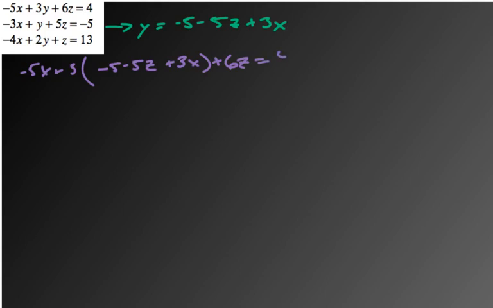So y equals -5 minus 5z plus 3x. Then I'm going to plug that into the first equation. And then we can go ahead and simplify all that.